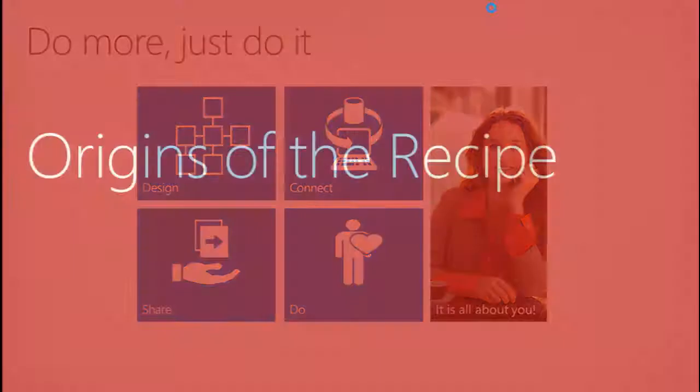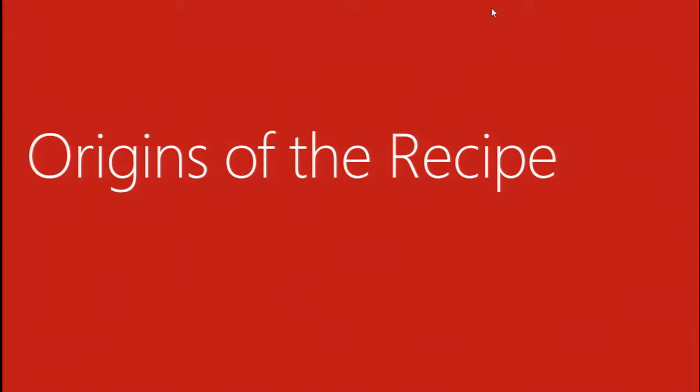Okay? So with that, I'm going to give you a little bit of background into the origins of the recipe, of why I developed this solution, who the customer, well, I can't tell you who the customer is, but what the customer challenge was, and how this evolved. That gives you context for the rest of the solution and why we built it out the way we did.